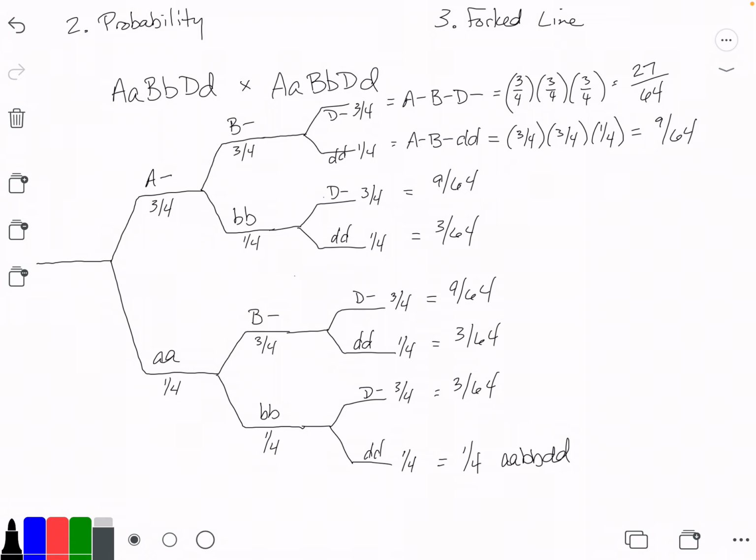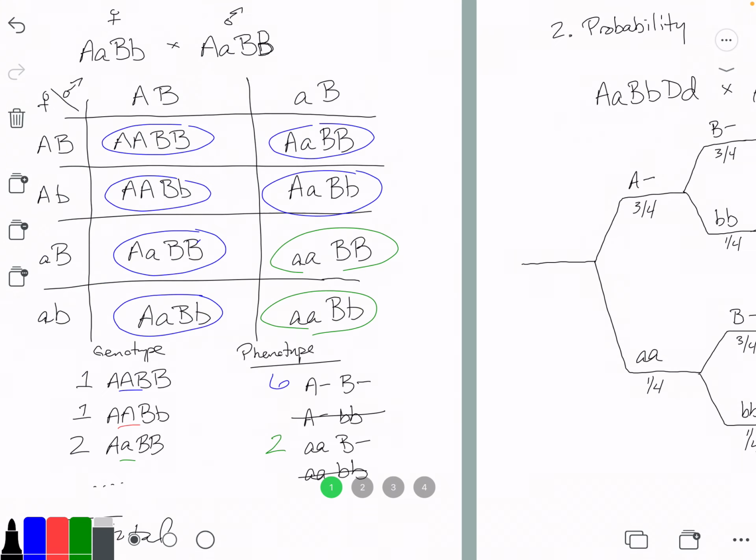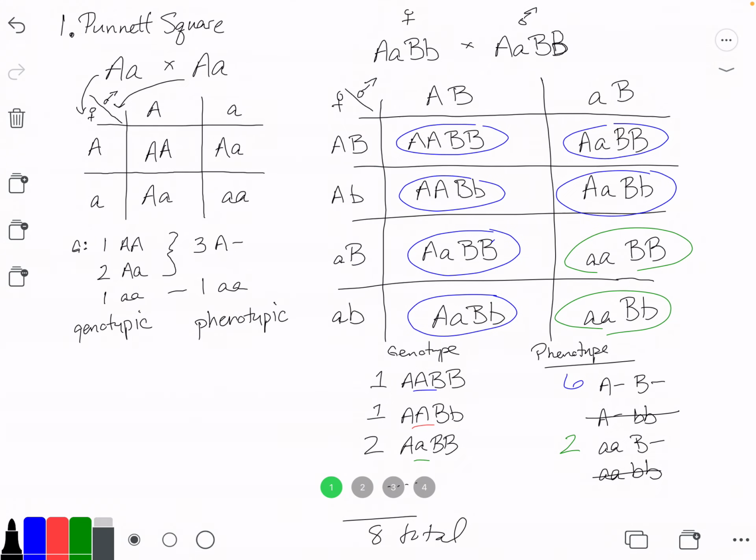Where probability by itself, without the forked line, is super useful. Oops, what am I doing here? I need another page. There we go. Where probability by itself is super useful is when I say I'm going to do something really crazy.